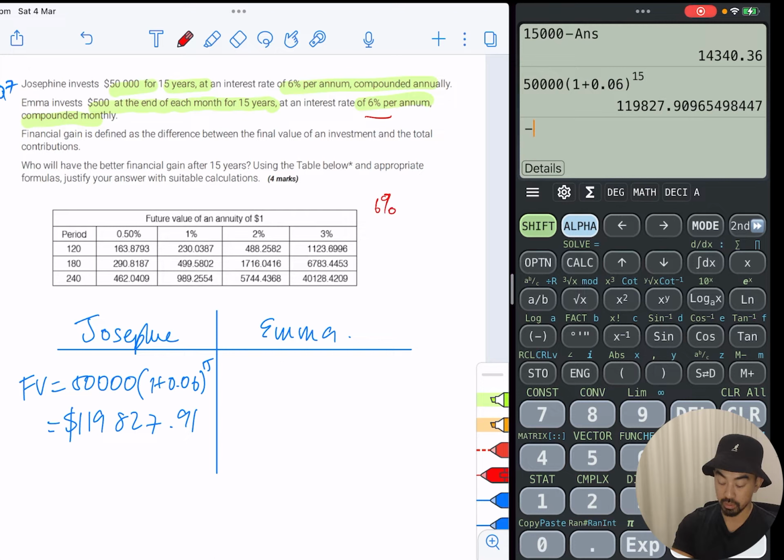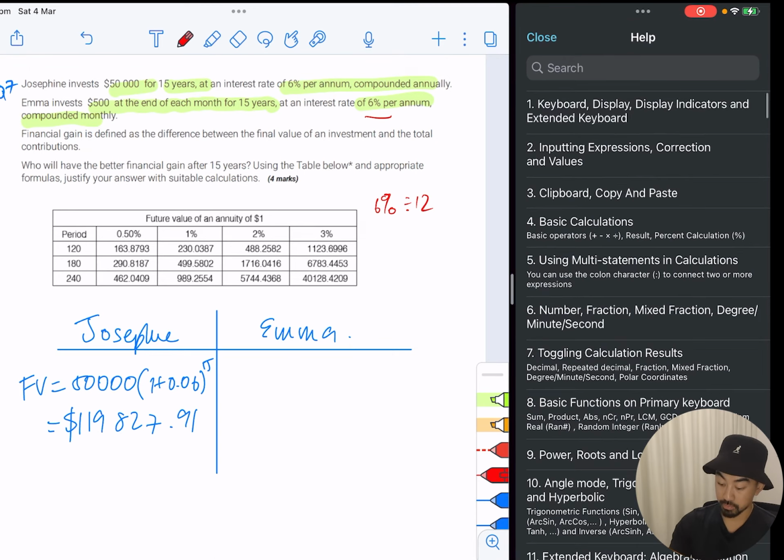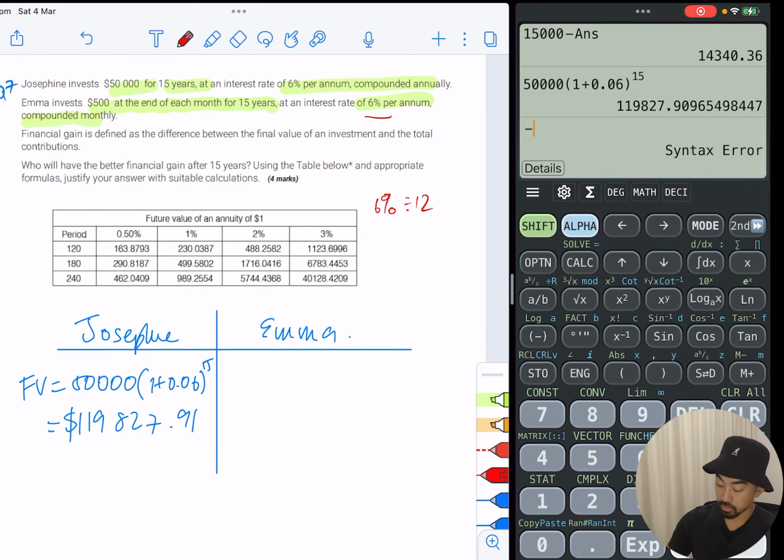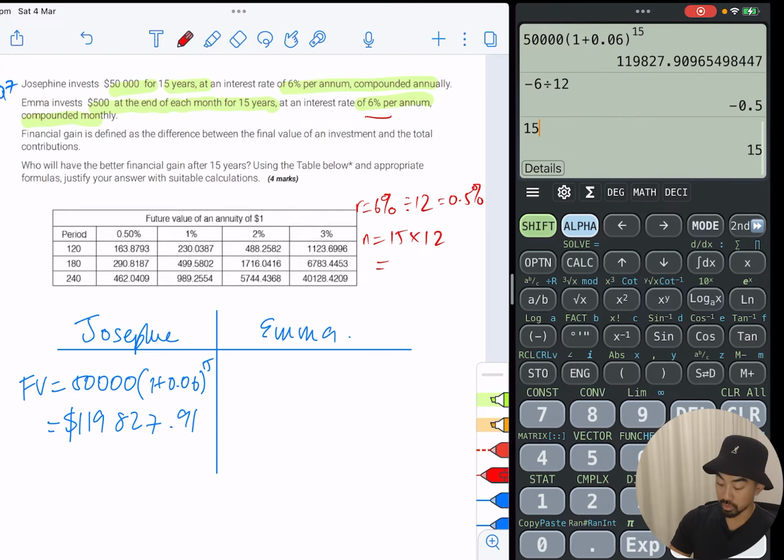So that's 6% divided by 12, which is 0.5%. And her N is 15 years times 12 months, so 15 times 12 is 180.